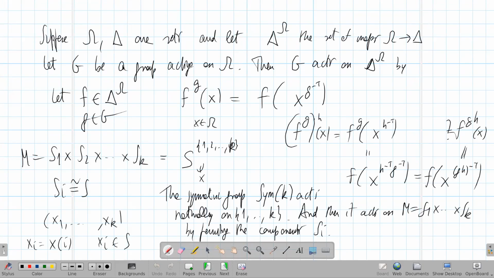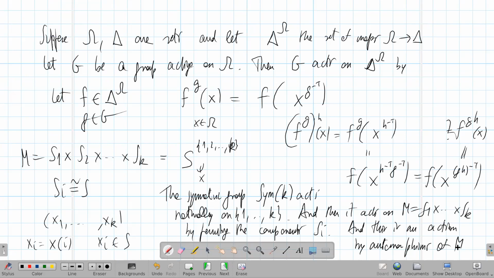It's easy to verify that this is an action by automorphisms. So these maps are automorphisms of M.